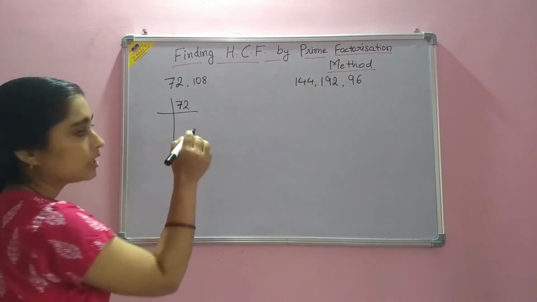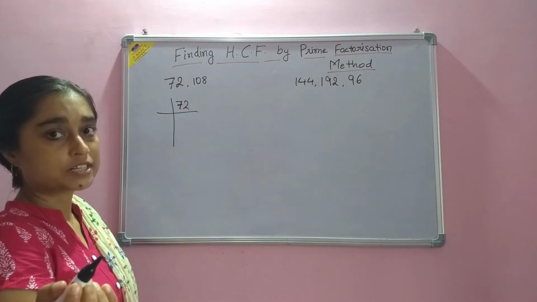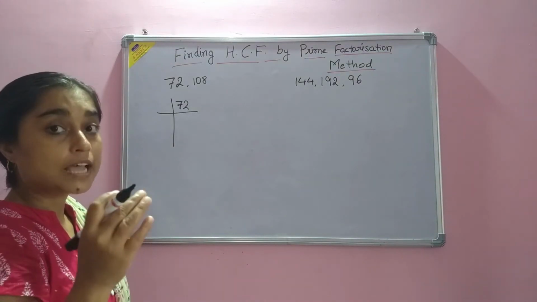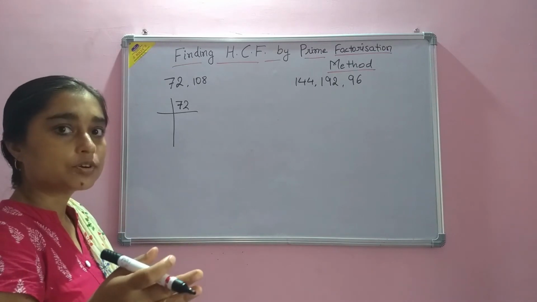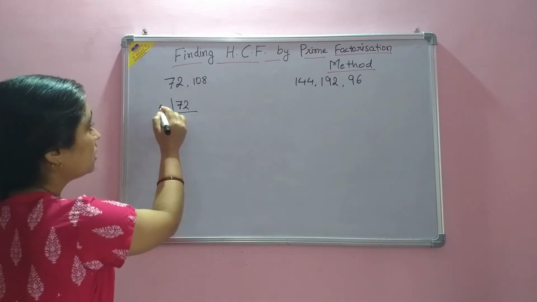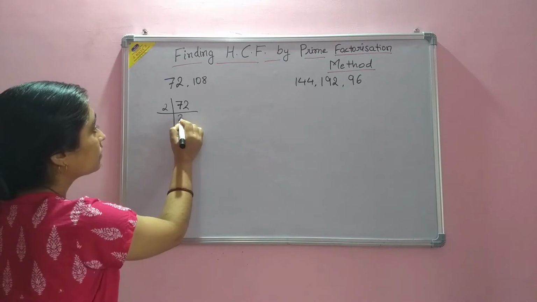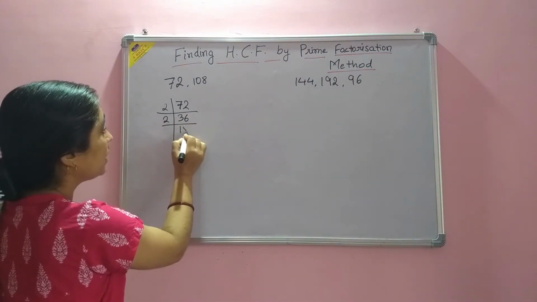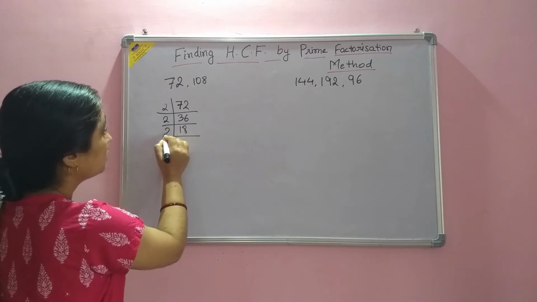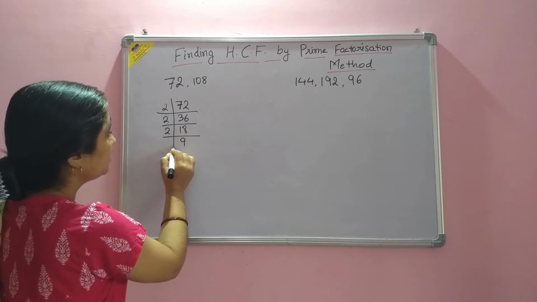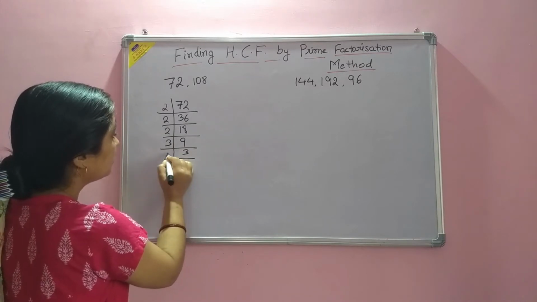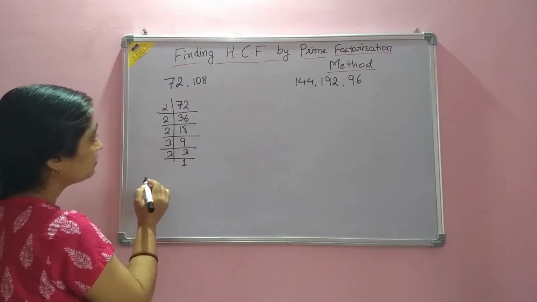Okay. As we know, for prime factorization, we use the prime numbers only, and that too only in ascending order. From the smallest number we start. We will start with 2. 2 36s are 72, then 2 18s are 36, then 2 9s are 18, 3 3s are 9, 3 1s are 3.